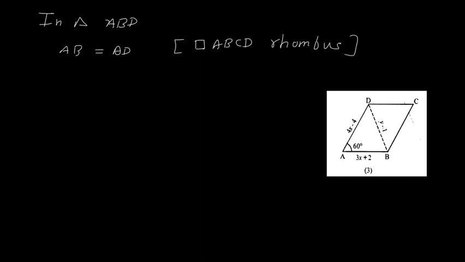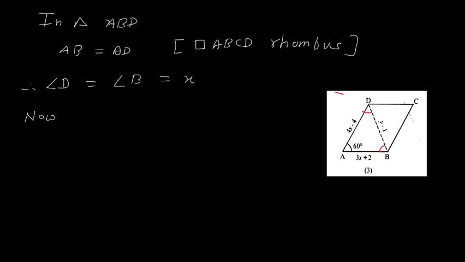All sides of a rhombus are equal. So AB equals AD. Therefore, in triangle ABD, opposite to AD we have angle B, and opposite to AB we have angle D, so angle D equals angle B. So this angle D and this angle B are equal. So we will consider them as x.